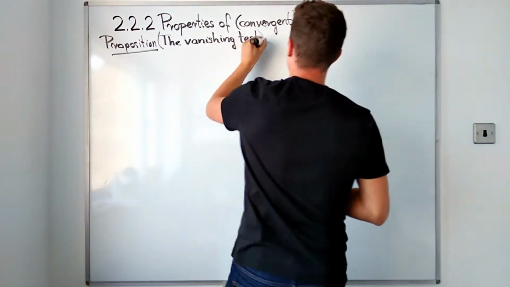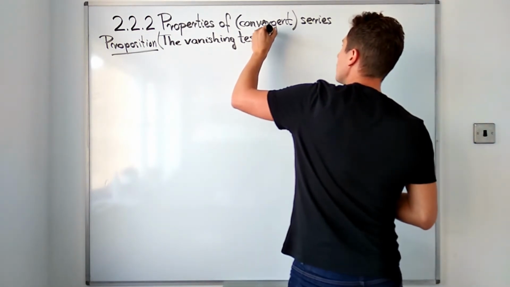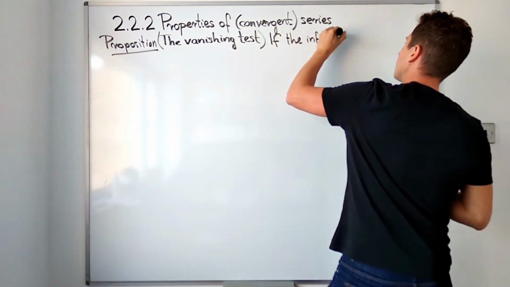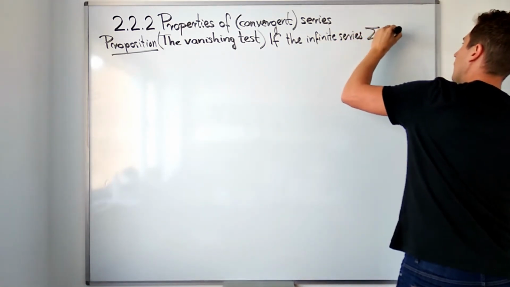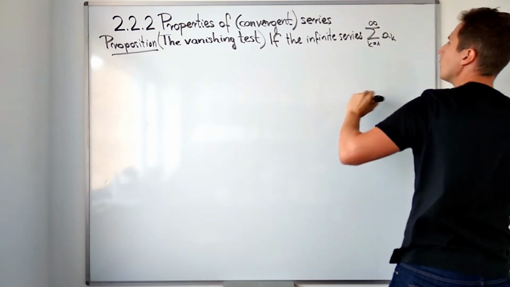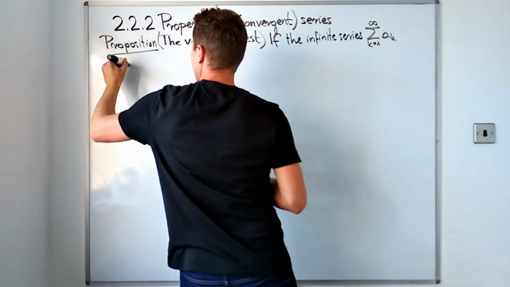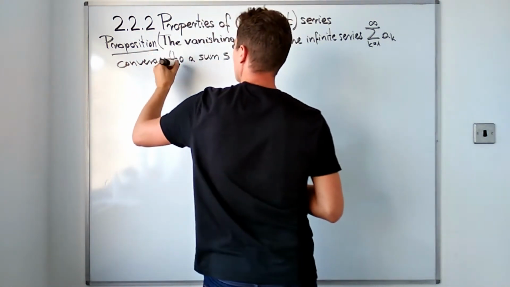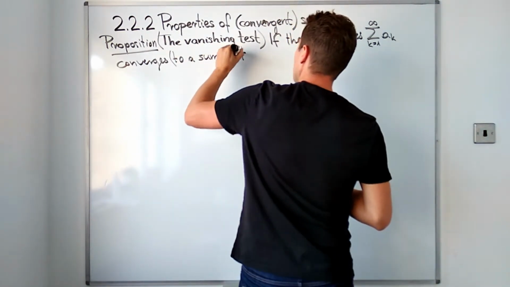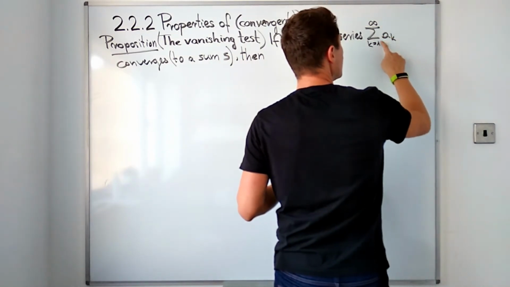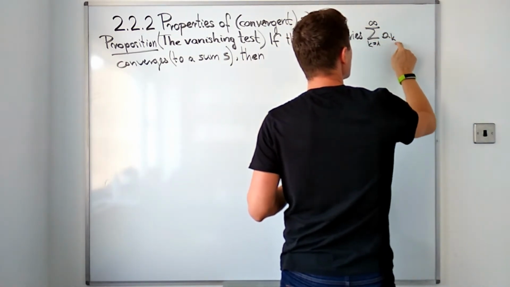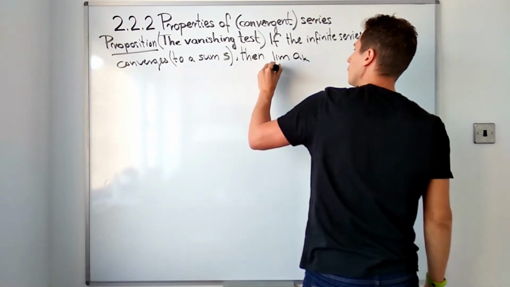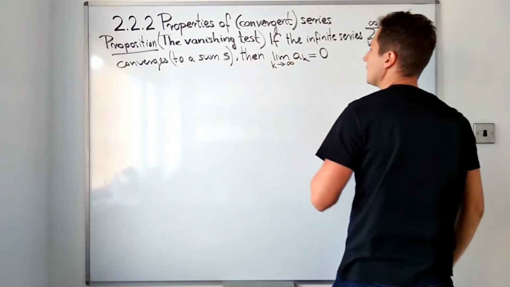is called the vanishing test, which says that if the infinite series, the sum of ak with k going from 1 to n, converges to a sum S, then the general term in the sequence, in the series, the sequence that we started from, has to converge to 0 as k goes to infinity.